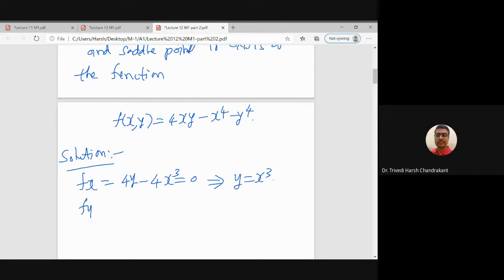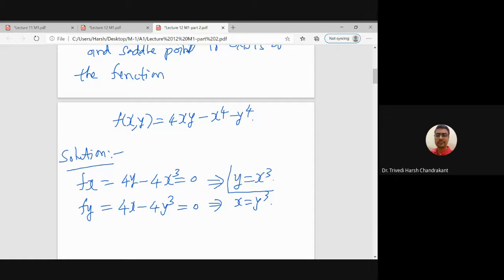The second criterion for a critical point is fy equals 0. For fy we consider x as a constant and differentiate the given function with respect to y. So we get 4x minus 4y cube. This is fy, and fy equals 0 gives x equals y power 3.